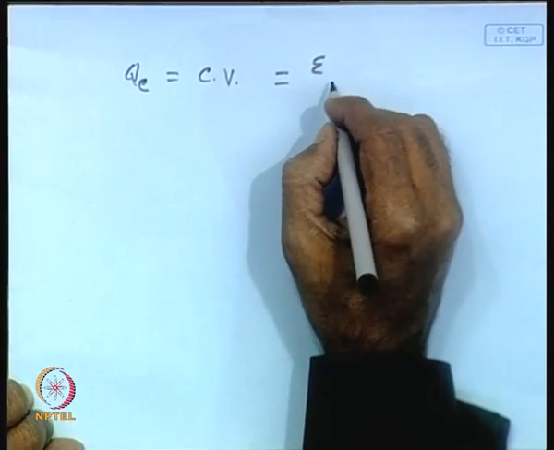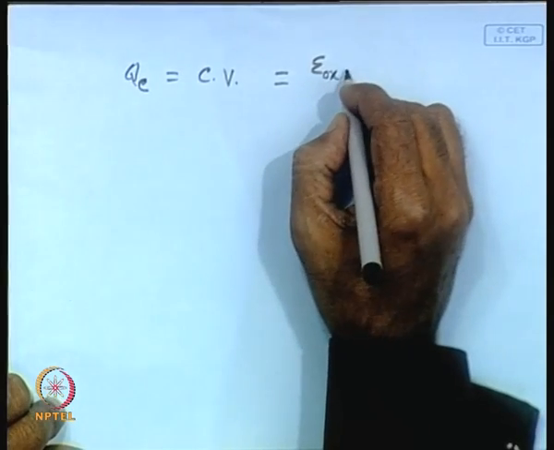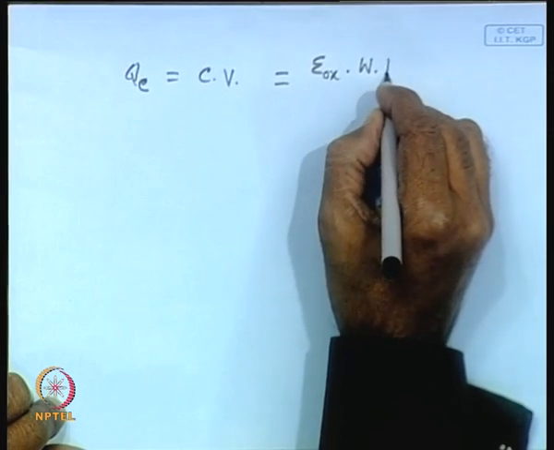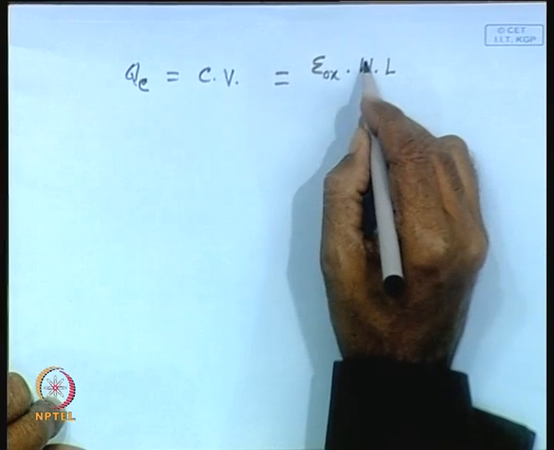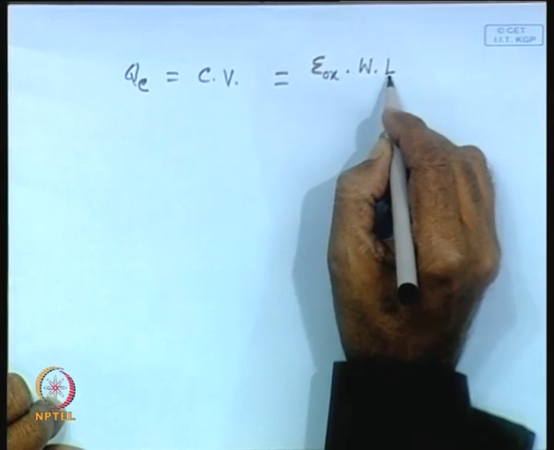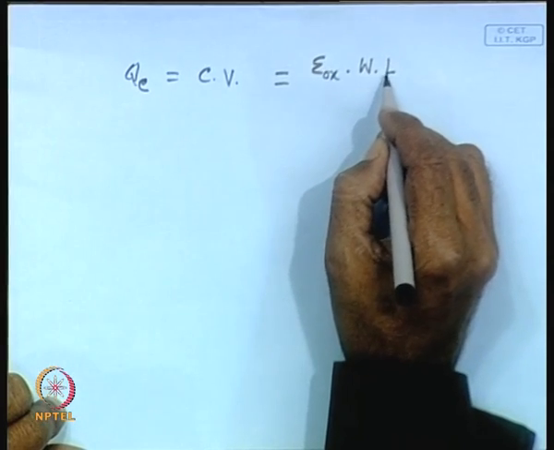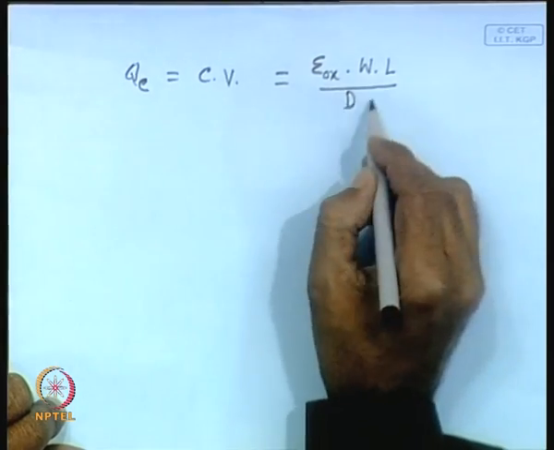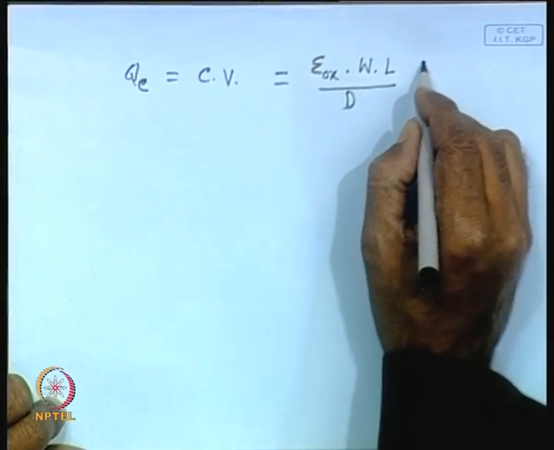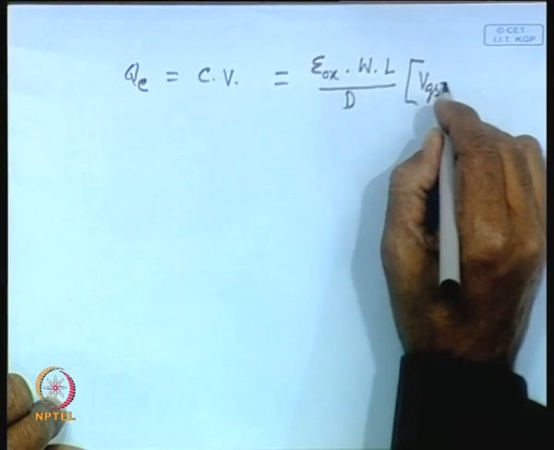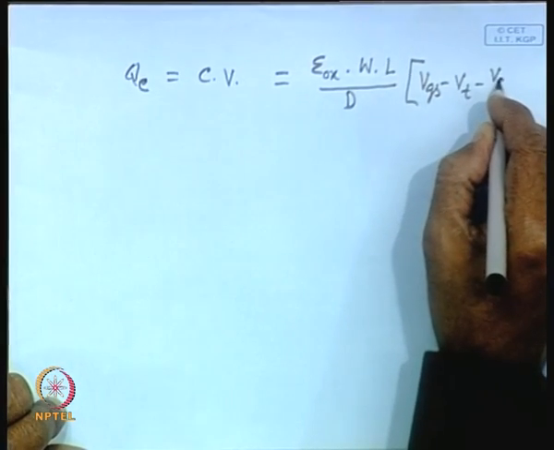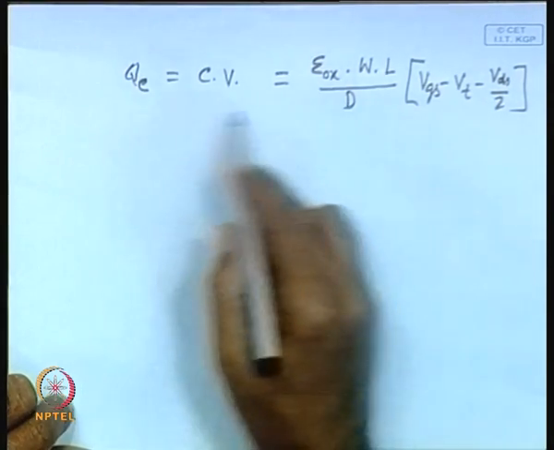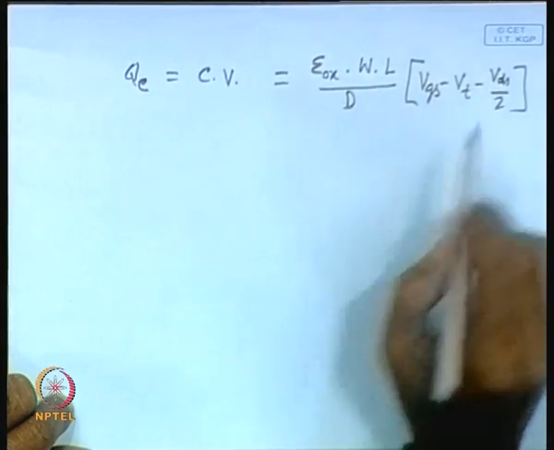It is epsilon oxide into area, that is W into L, because the parallel plate capacitor has width W and length L, divided by D. This is the capacitance, and your effective voltage will be VGS minus VT minus VDS by 2. So, this is the charge that will be induced in the channel.